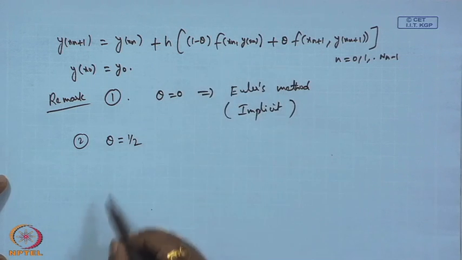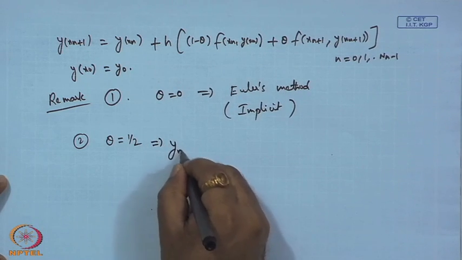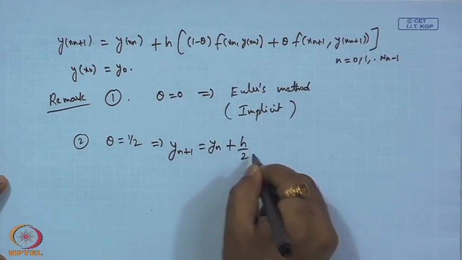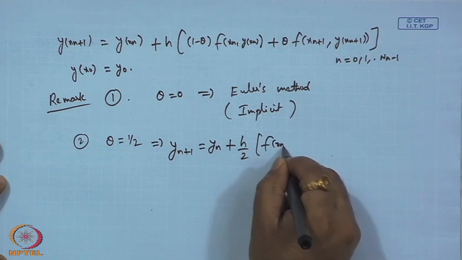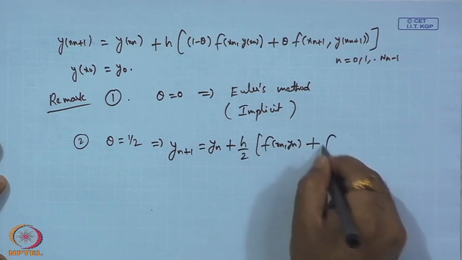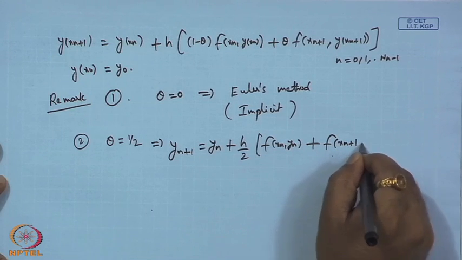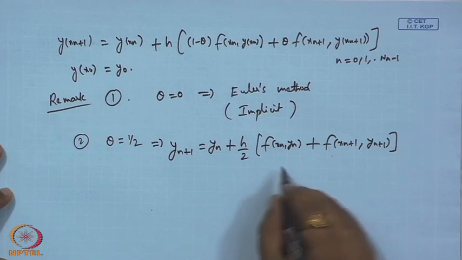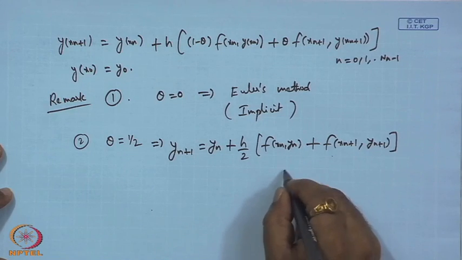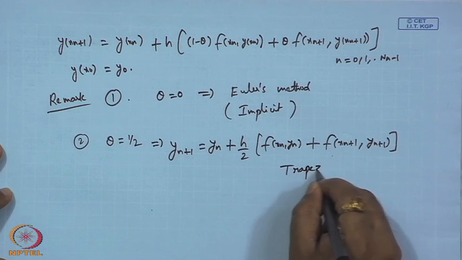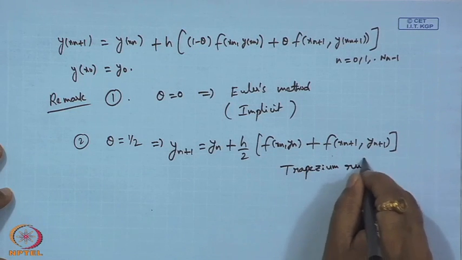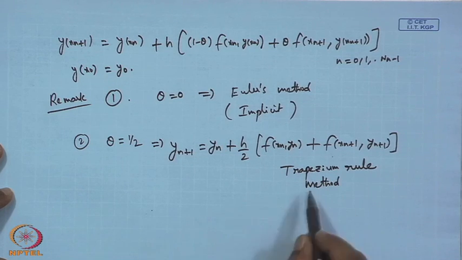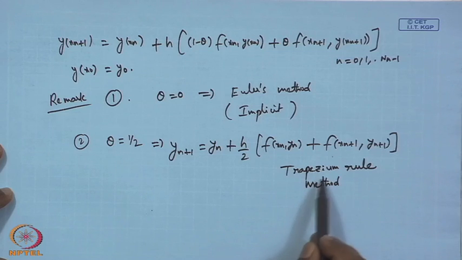Then both terms would survive, we get this. Okay. So, this is the trapezium rule method. So, we discuss more geometrically.